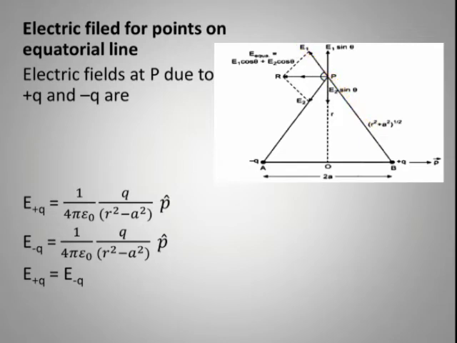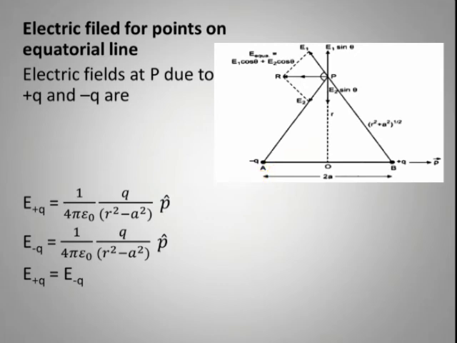Now if I consider the negative charge, as I have told you from the properties of electric field lines, the electric field originates from the positive charge and terminates at the negative charge. If you observe the picture, you can see that the electric field is directed inward.